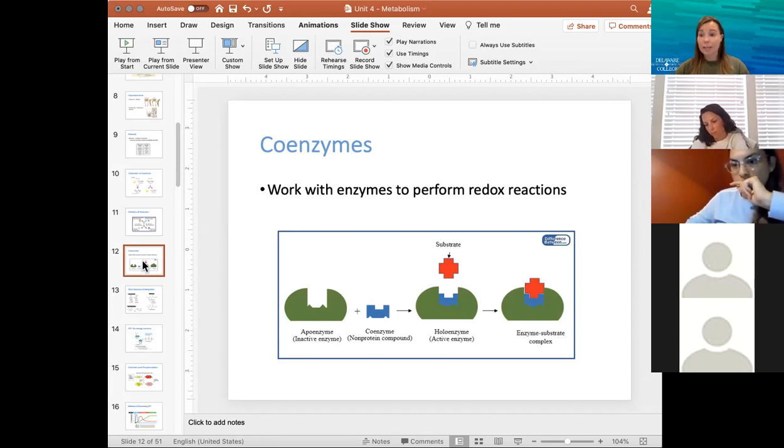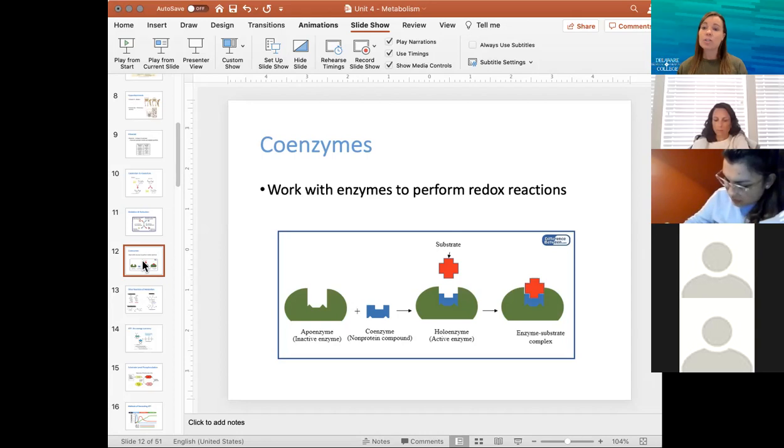And there is another coenzyme that's very similar. It's called FAD. So it can be reduced. It can get hydrogen ions and electrons and energy. And when it gets reduced, it now becomes FADH2.